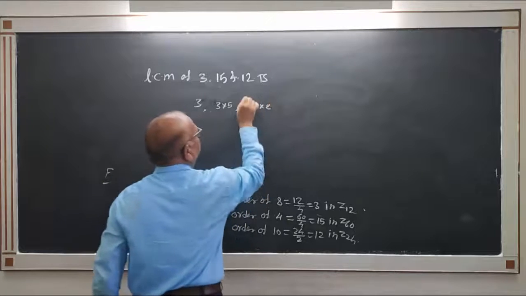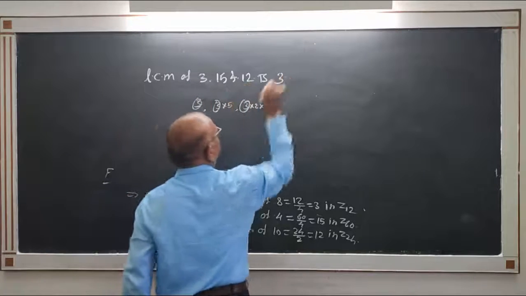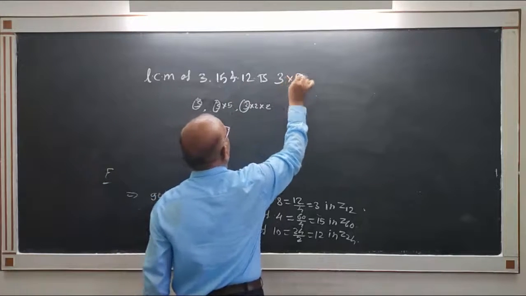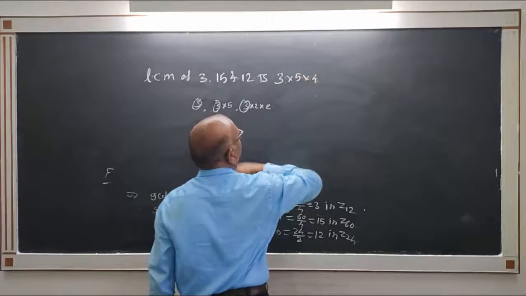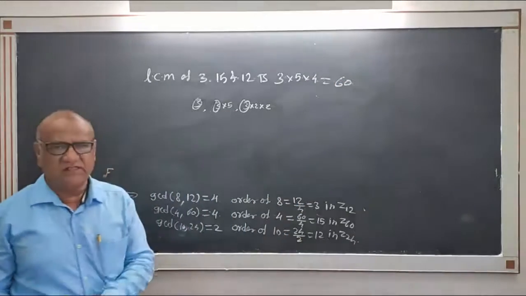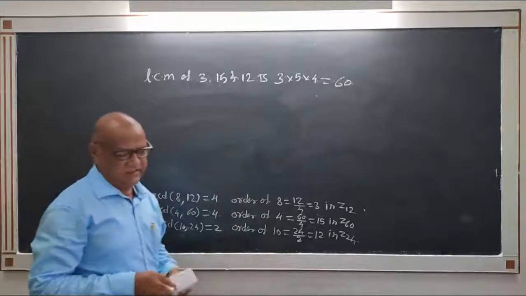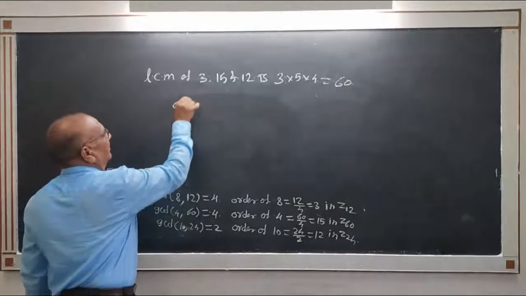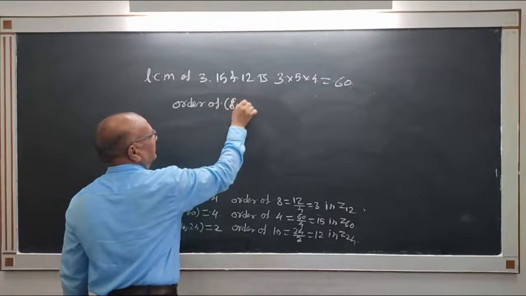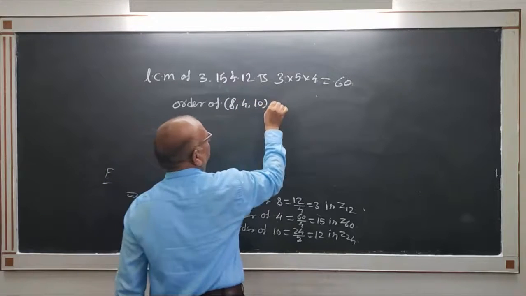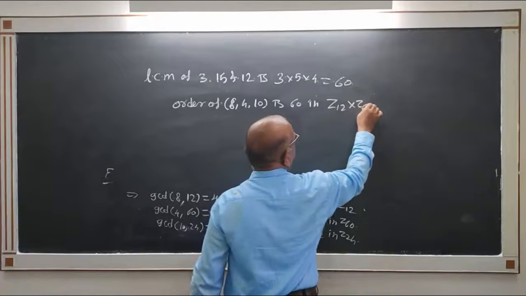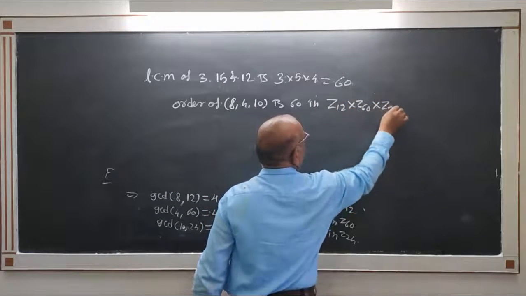Now this 3, then 5 and 4 is 60. This LCM is 60, and therefore order of (8, 4, 10) is 60 in Z12 cross Z60 cross Z24 in this group.